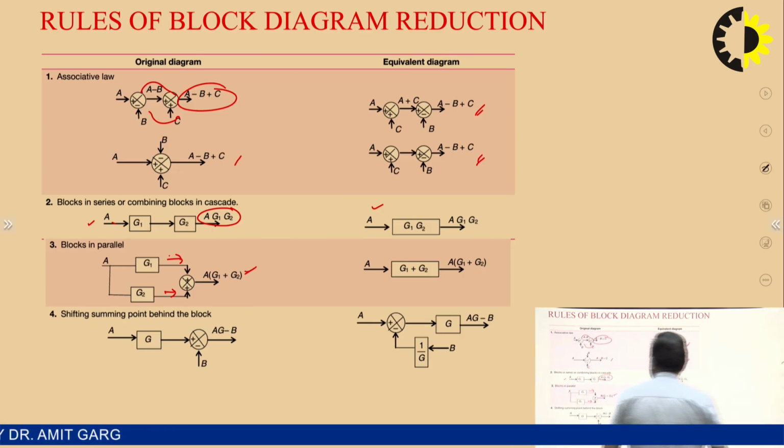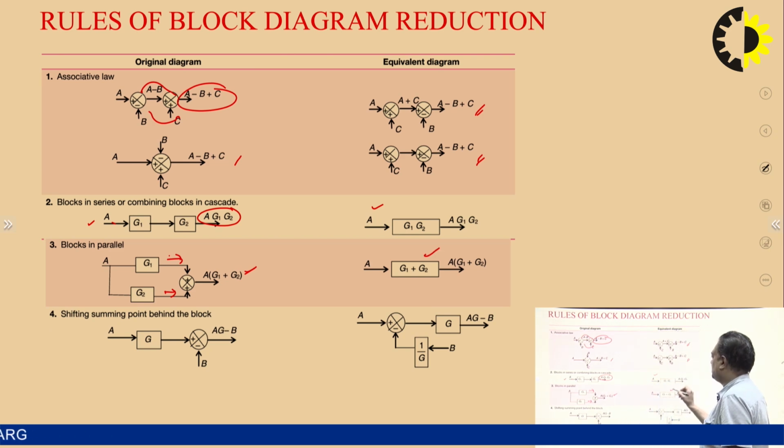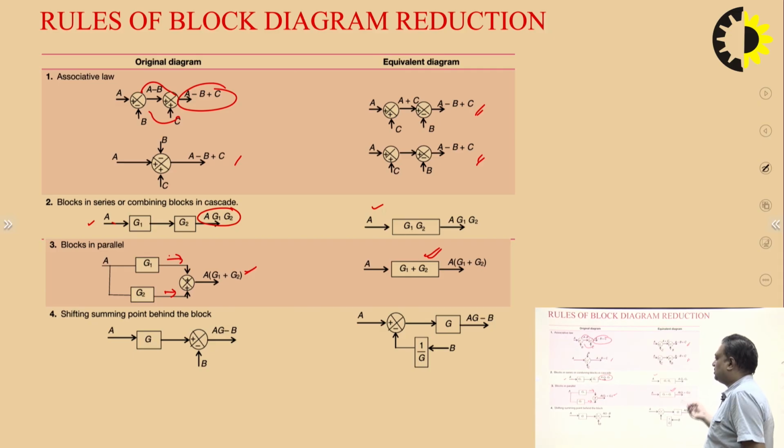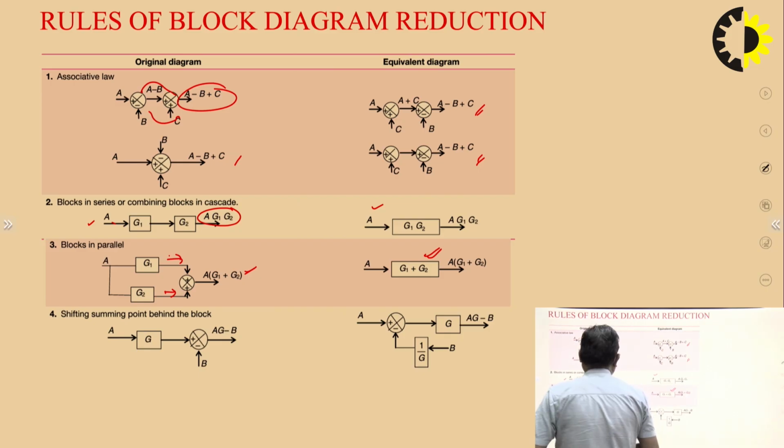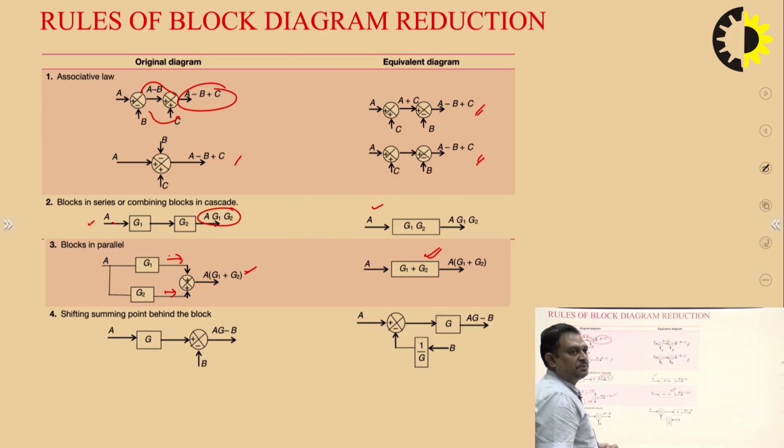So you can represent this by a single block of transfer function G1 plus G2. So that's why you are getting the same output. It means whenever blocks are connected in parallel, you can simply add up their transfer functions to obtain the overall transfer function. Now the rules related with shifting of summing points or takeoff points.